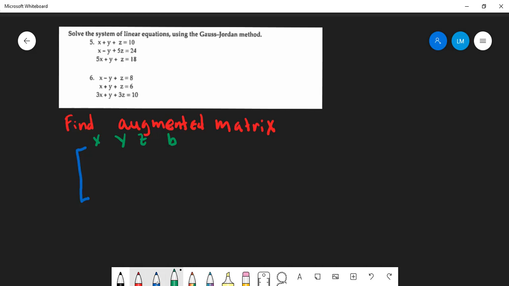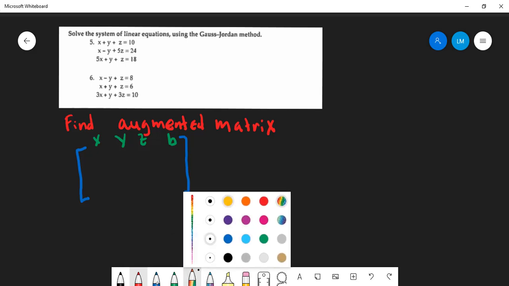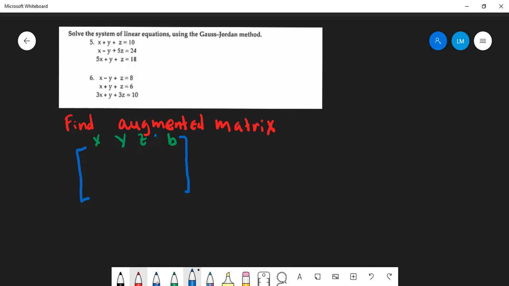Now we just want to write out the coefficients of the matrix. We can actually separate the matrix with a vertical line, and that's just where the equal sign will go.